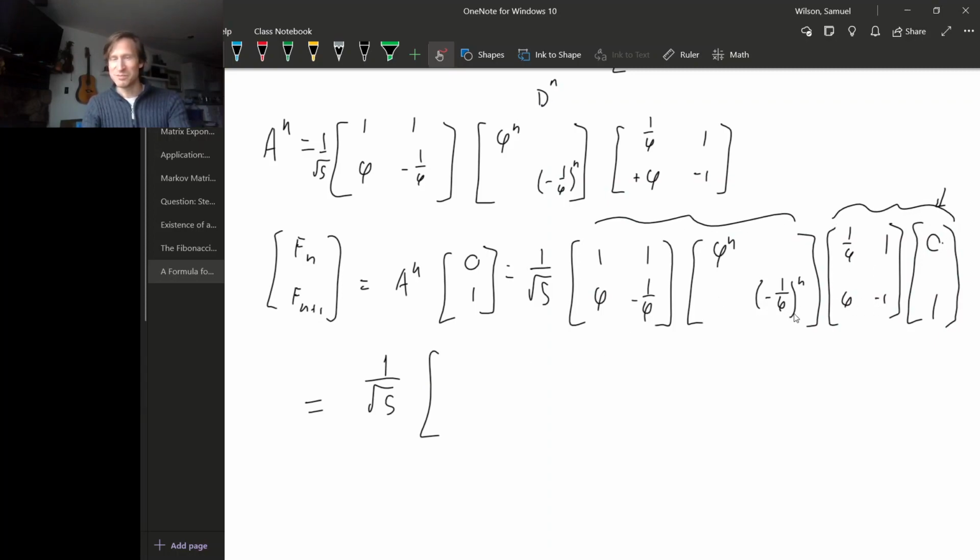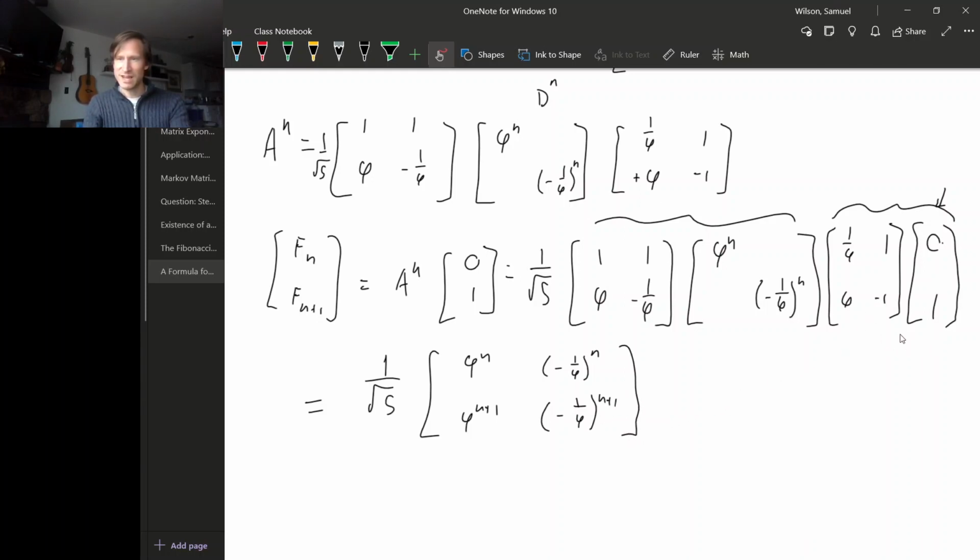Both of these are going to be easy because on the second one we have that vector, but on the first one we have this diagonal matrix. So we get phi to the n plus 1, and then minus 1 over phi to the n plus 1.